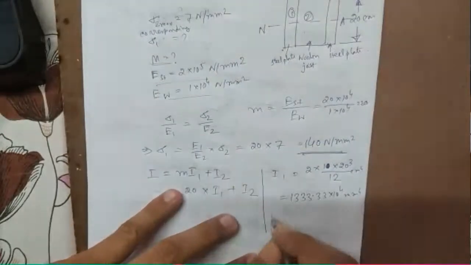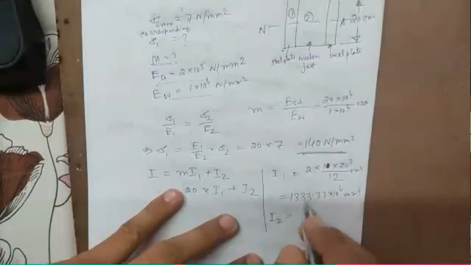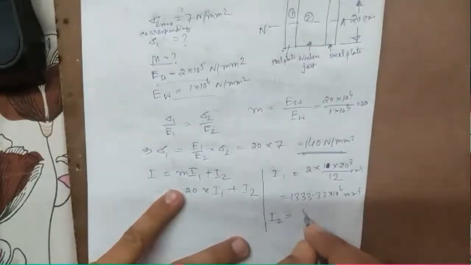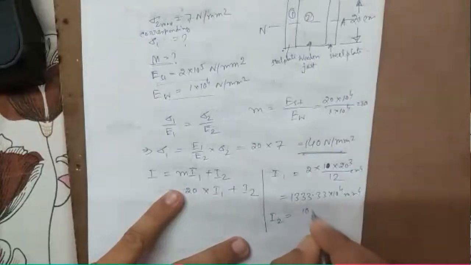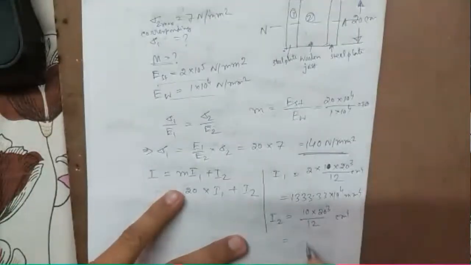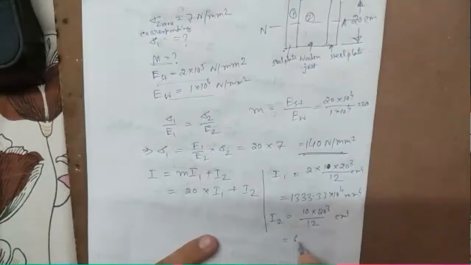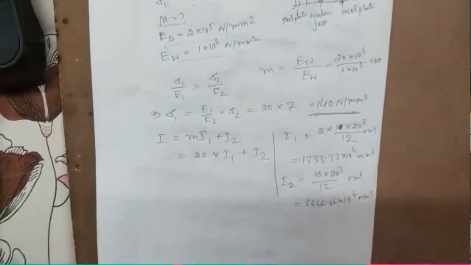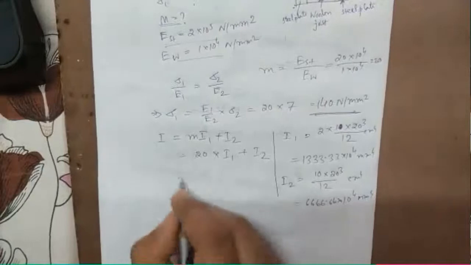I2 will be equal to, for wooden joist, BD cube by 12, B is 10 centimeter and D is 20 centimeter. This is cm to the power 4. Now convert it with calculation, 0.66 into 10 to the power 4 millimeter to the power 4. Okay. Now put the values over here, I1 and I2.